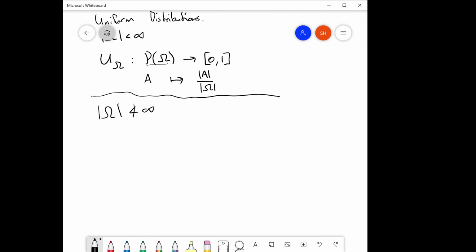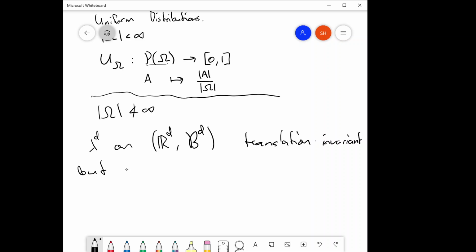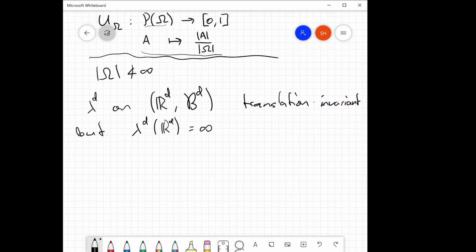However, the Lebesgue measure on R^d with the d-dimensional Borel sigma algebra is translation invariant, so it's sort of uniform, but the Lebesgue measure of R^d is infinite.